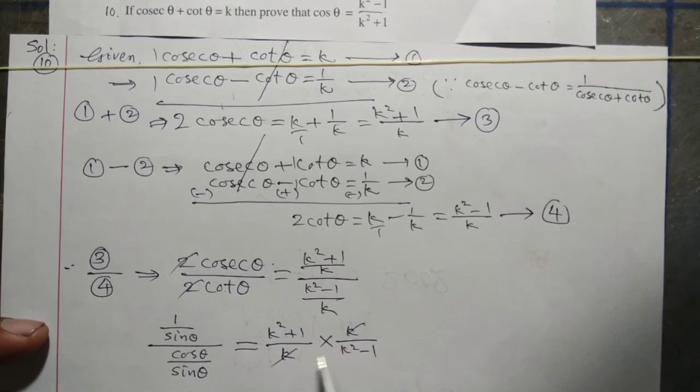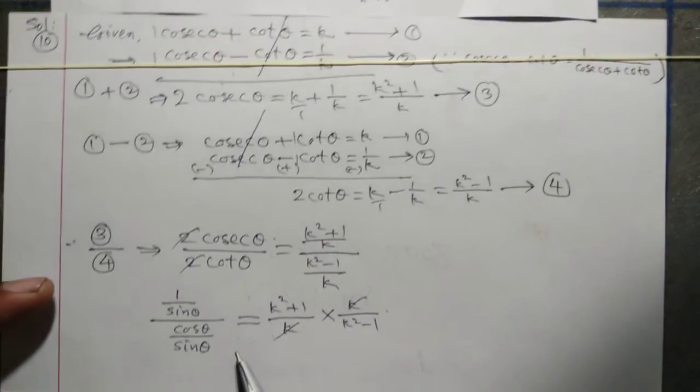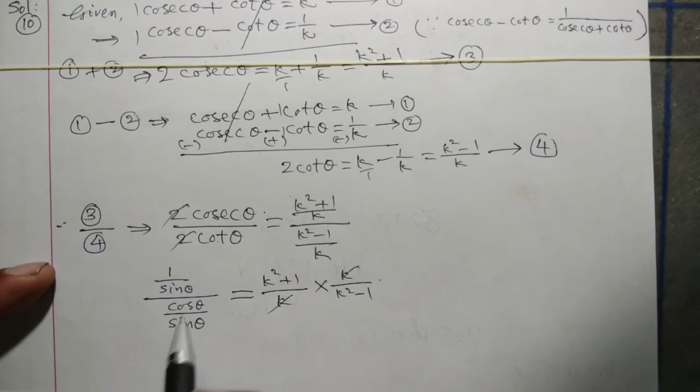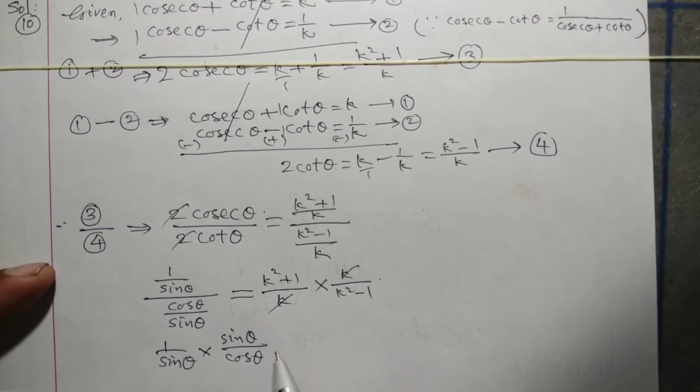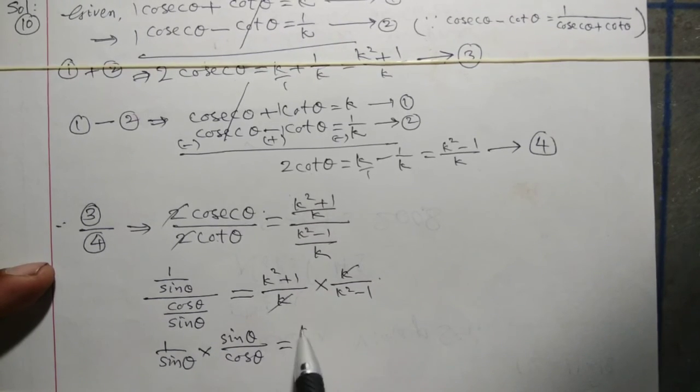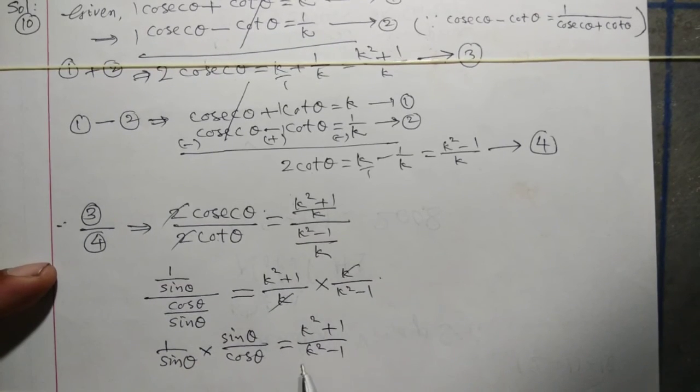These will cancel, so that is equal to, here we have to take the reciprocal of this: 1 by sine theta into sine theta by cos theta is equal to k square plus 1 by k square minus 1.